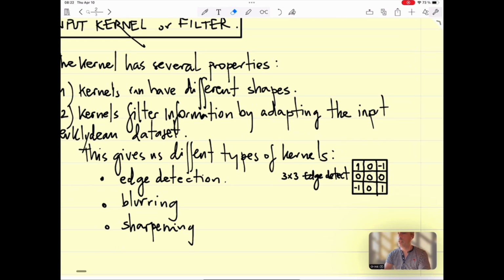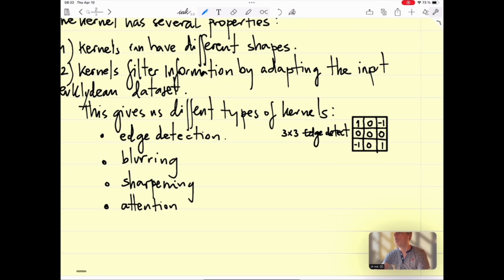Or we can use an attention kernel. An attention kernel would be something like this: 0, -1, 0, -1, 8, -1, 0, -1, 0.